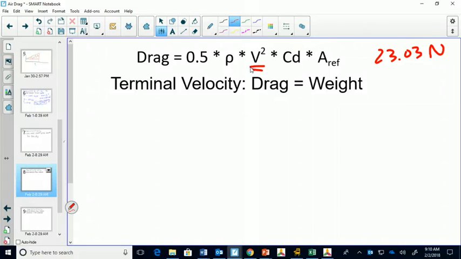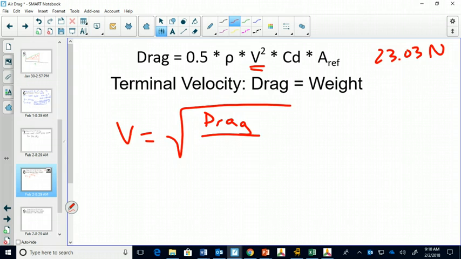Are you comfortable? All of these are just multiplying times v squared, so I can just divide them all out. So therefore, my velocity is going to be equal to the square root of my drag over 0.5 times rho times my coefficient of drag times my area of reference.